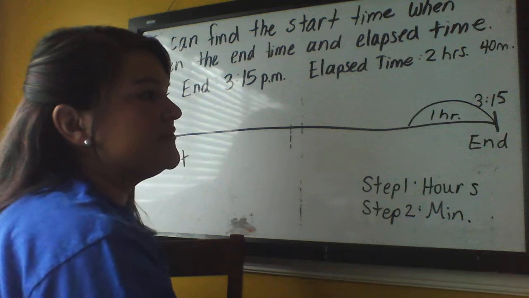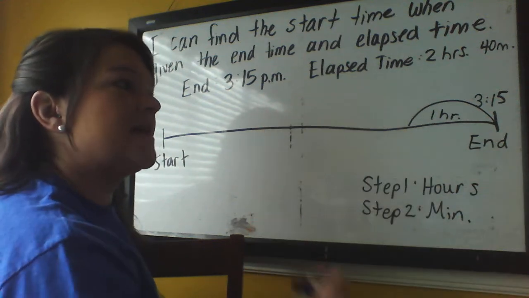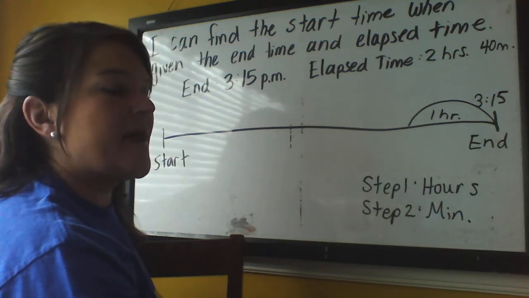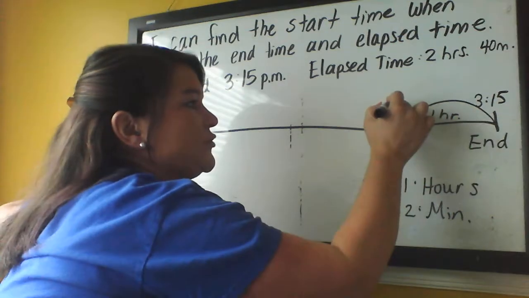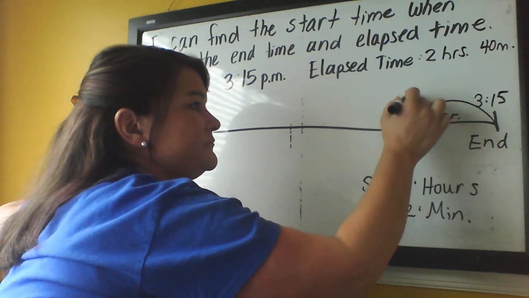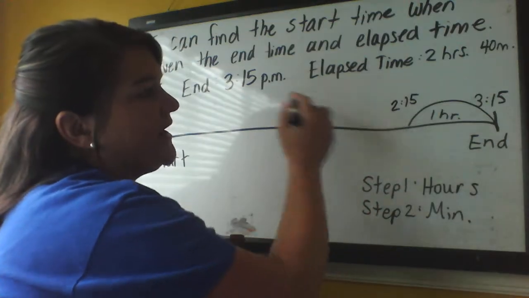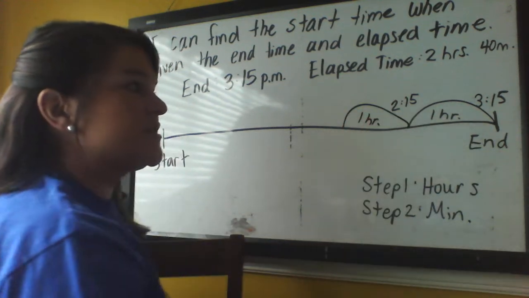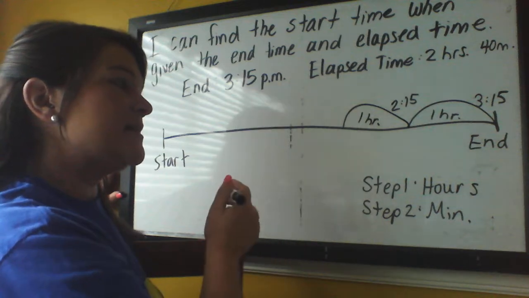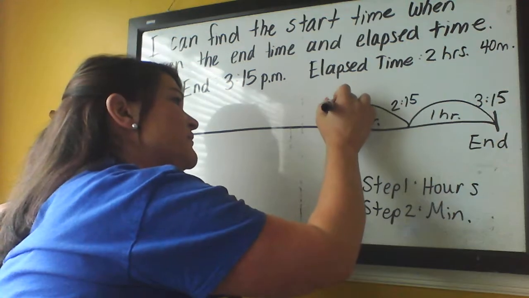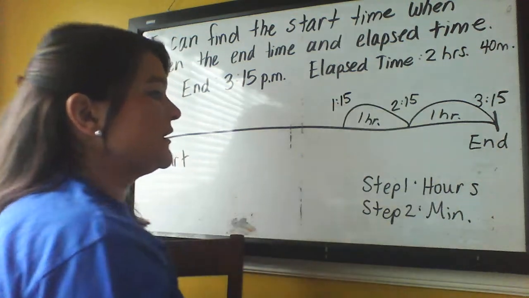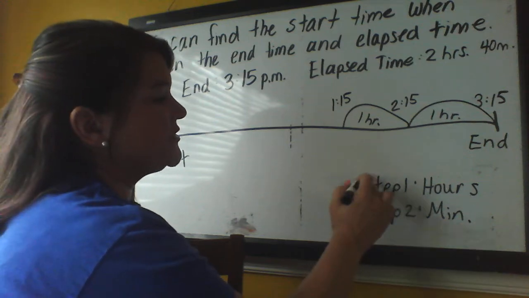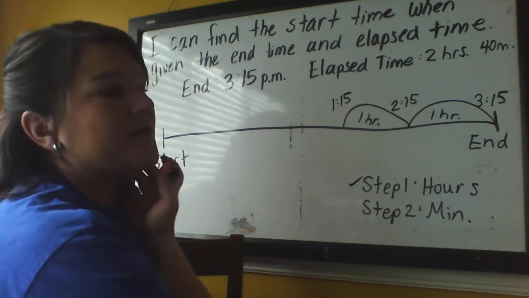So if it's 3:15 and I'm going back in time an hour, it would be 2:15. Then I need to go back another hour. And if it's 2:15, if I go back in time an hour, now it's going to be 1:15. Okay, so I've done my hours. Check that one.